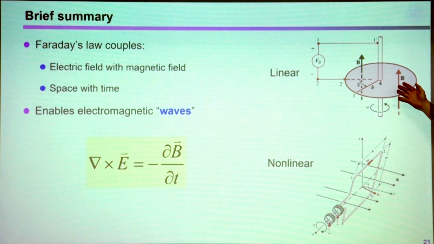What have we learned? What is J? J is the free current density, right? So if you were Maxwell and you derive to this point, how would you call this term?